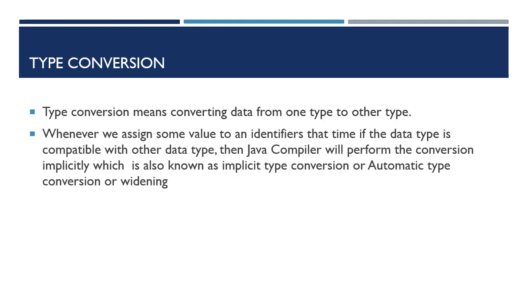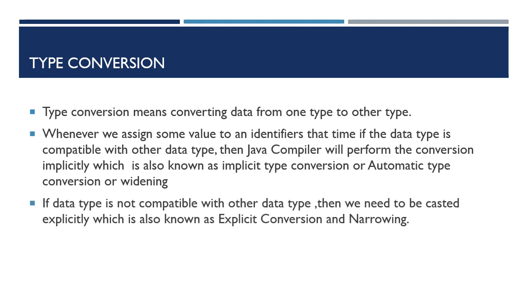Whenever we assign some value to an identifier, if the data type is compatible with the other data type, in that case the Java compiler will perform the conversion implicitly, which is also known as implicit type conversion, automatic type conversion, or widening. If the data type is not compatible with the other data type, our compiler is going to throw a compile time error, incompatible types.